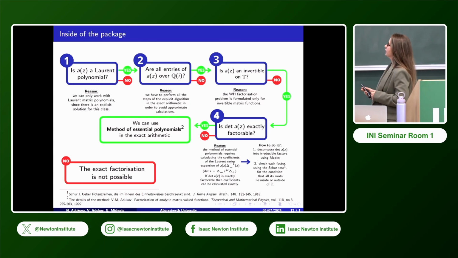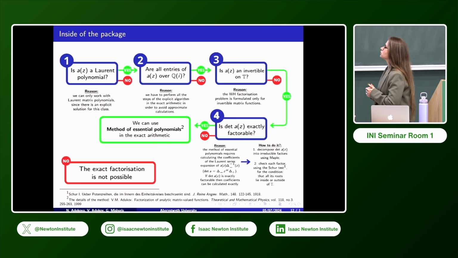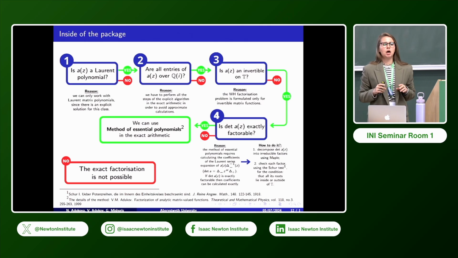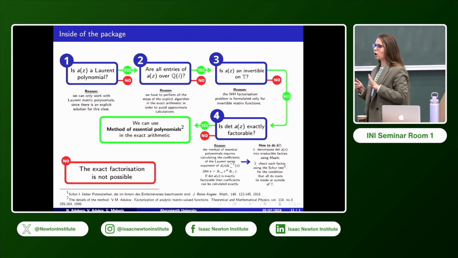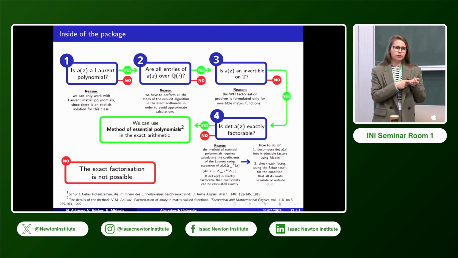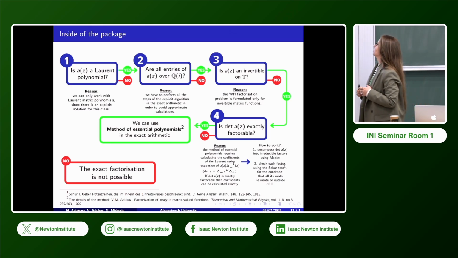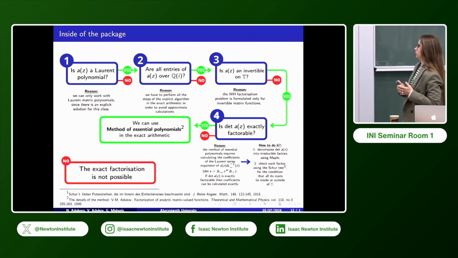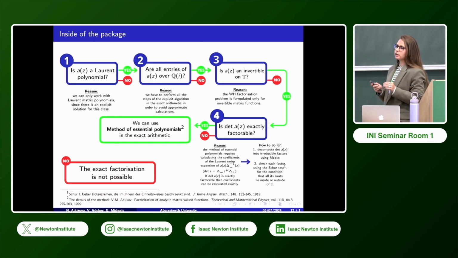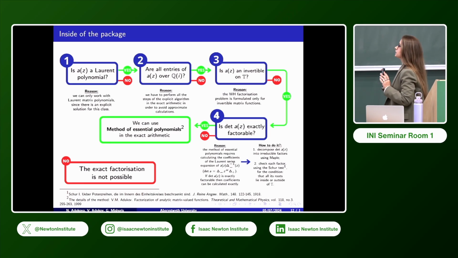As I already said, our package is fully automated, and the potential user doesn't have to worry about any checking of the input data, and the same applies to the output data because the package does everything by itself.